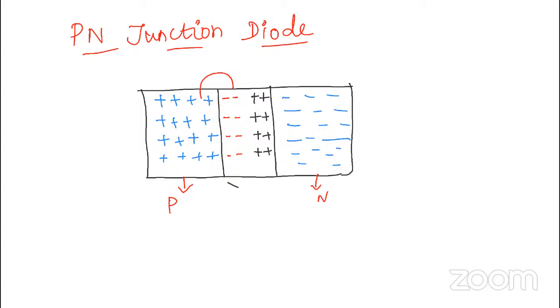Okay, so the particular region is named the depletion region. In the depletion region, there is no movement of charge carriers. So a depletion layer is created. In the depletion layer, the charge carriers should not move.